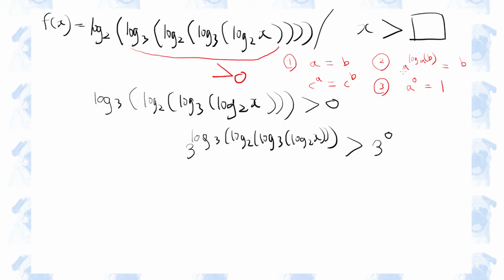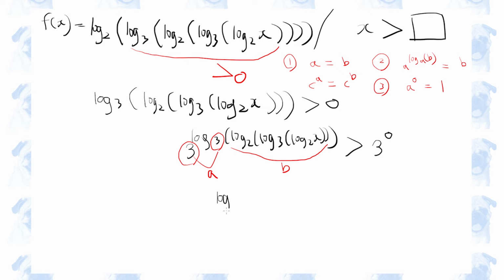And according to the second rule, a raised to the power of log base a of b is b. Notice that we have 3 and 3 here. So these two are a in this rule, and this expression inside is b. So we can basically extract what's inside of log base 3.